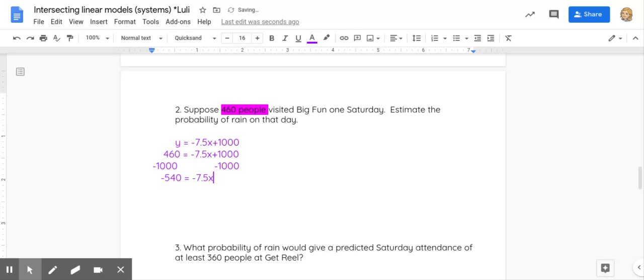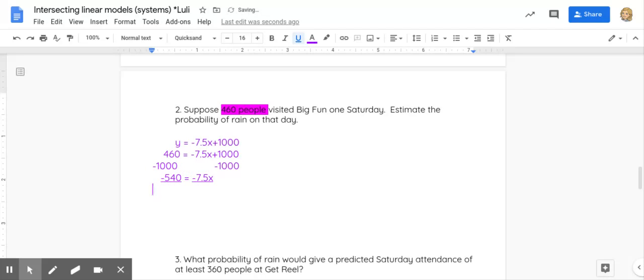All right, so I have a simplified equation now. So now I still have to get the x by itself. I'm multiplying right here. So the inverse is dividing. So I'm going to underline both sides to show my division. And I'm going to divide both sides by negative 7.5.